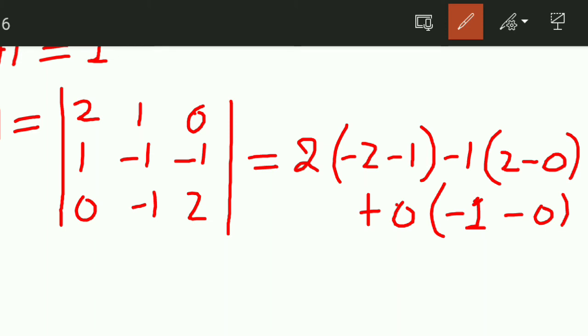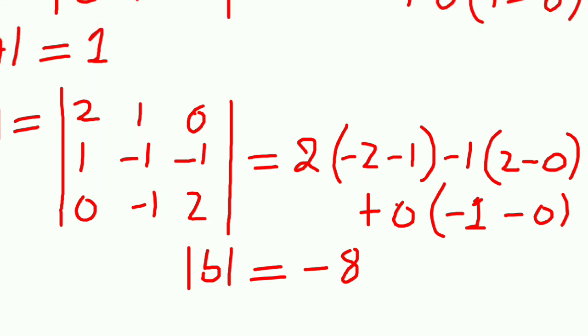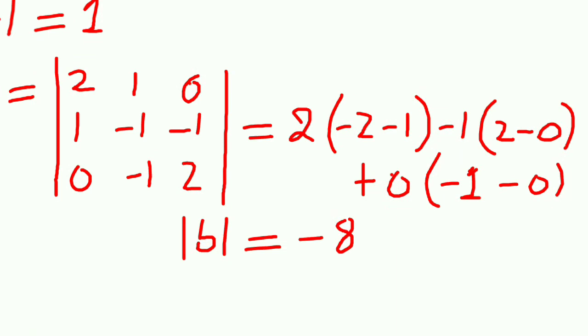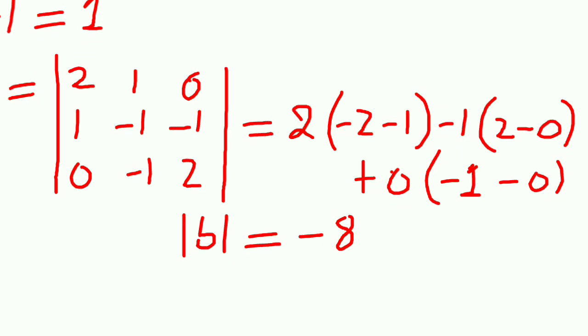So the answer comes out to be: the determinant of B is minus 8. We can see that the determinant of A and the determinant of option B are not the same.